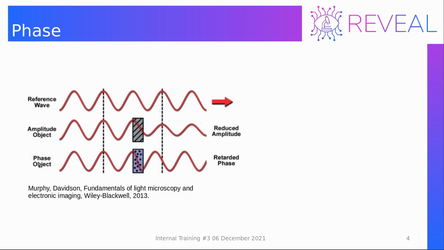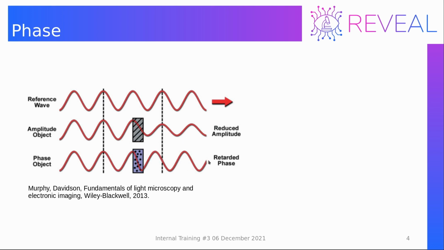Then we have the phase objects, and the phase objects do not change the amplitude, so no energy is absorbed in the sample. However, the wave is delayed with respect to this reference wave. So we can see that at the beginning the peaks were aligned, but after going through the object this wave gets delayed with respect to this wave, and this is this delay.